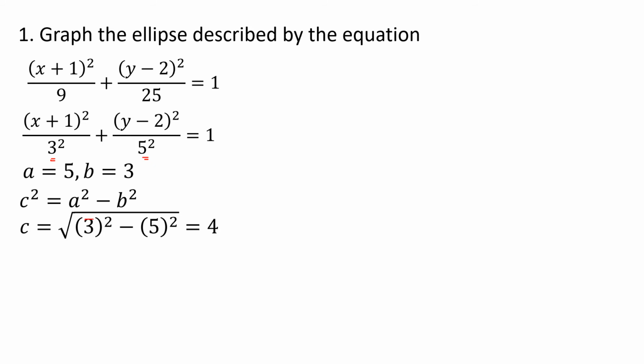So our a here must be 5, and our b here must be 3. Okay, so let me change this part. So our c is the square root of 5 squared minus 3 squared. By simplifying, the answer is 4.